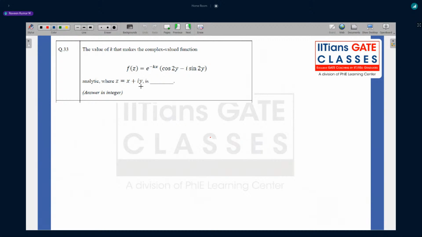If a function is analytic, it should satisfy certain equations. The CR equations we have discussed, called the Cauchy-Riemann equations. So let's write that.